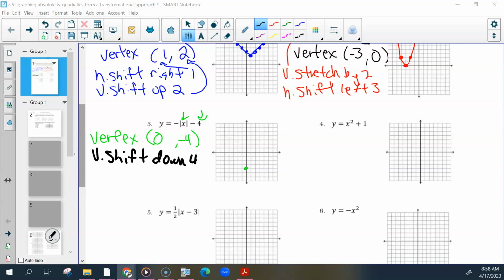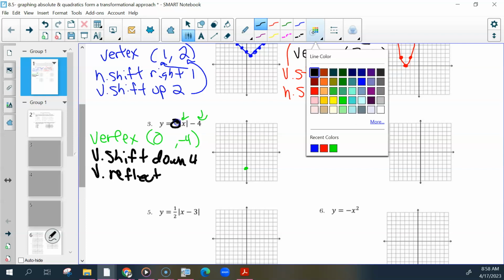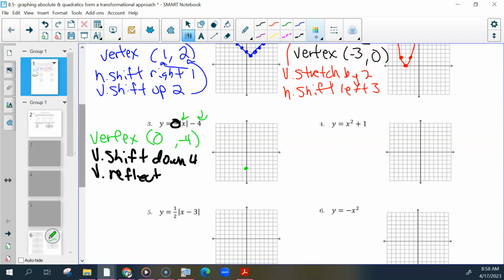It's just being slow. So that means instead of it facing up, it's going to face down. Because of the negative, yep. But nothing else happened. So this is your absolute value. So it's going to look like a V, but just down.